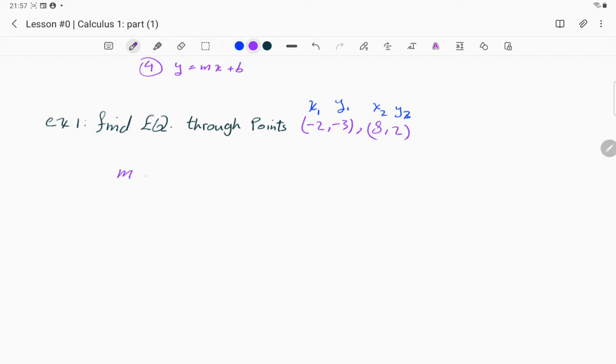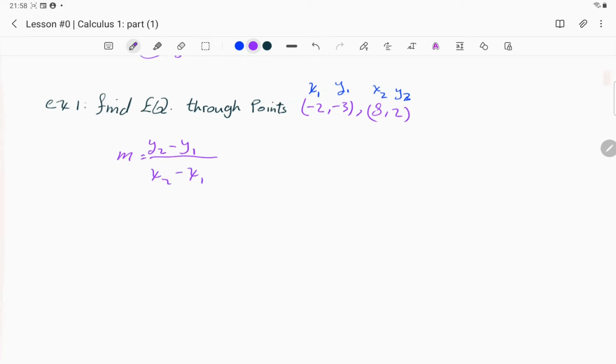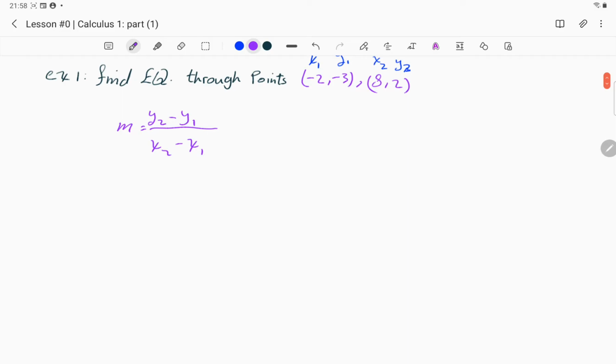Mainly, I'm going to write the basic formulas in purple, and also the points and some stuff. As we mentioned, the slope is y2 minus y1 over x2 minus x1. So you use that to replace the points and solve for the slope.